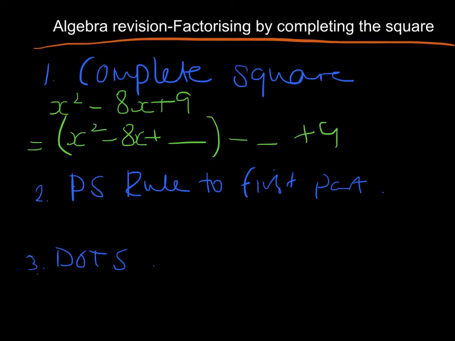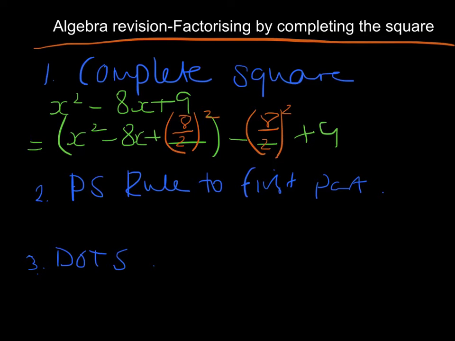Whatever I add there is always going to be half of this squared. So I can put it in, and I've got 8 over 2 squared, 8 over 2 squared. The reason why I've left it like that is because I just want you to be able to see exactly what's going on.